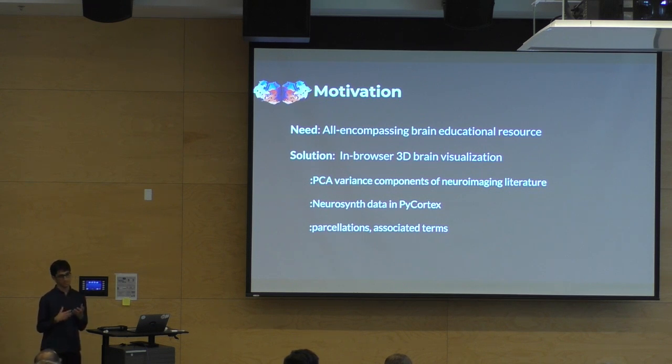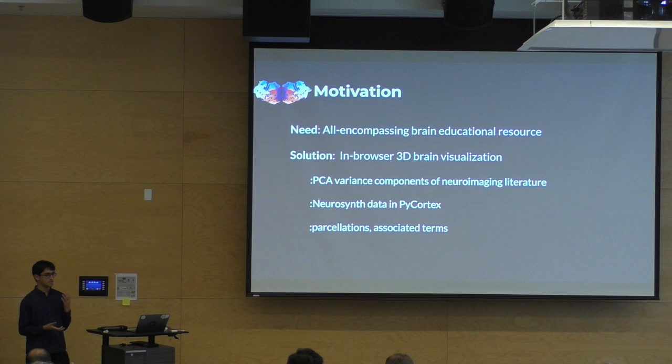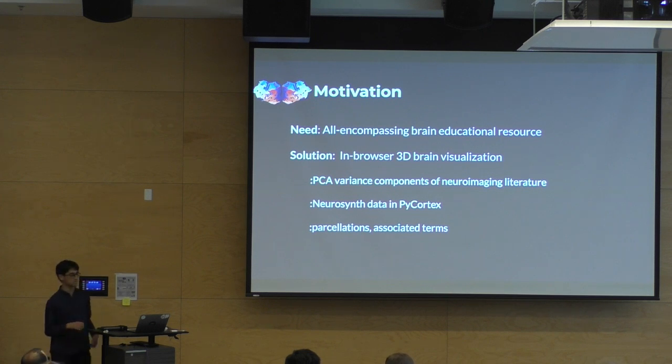So what we did was try to get PCA variance components, which explain most of the neuroimaging literature, as well as some of the NeuroSynth maps, into this 3D visualization tool, along with parcellation schemes to see how that relates and have it all encompassing.